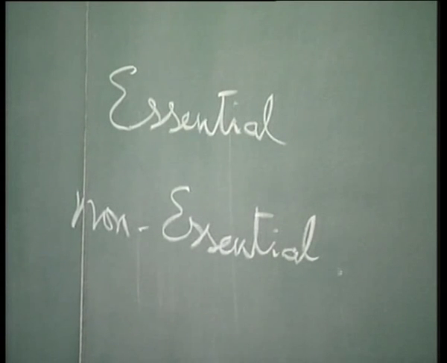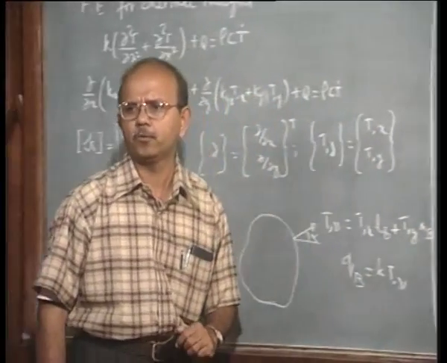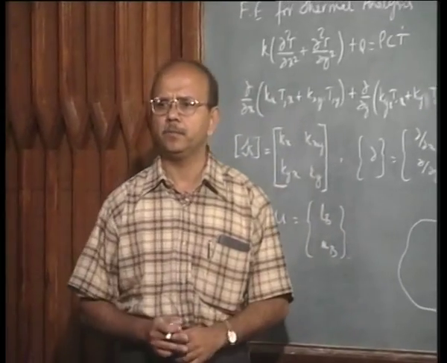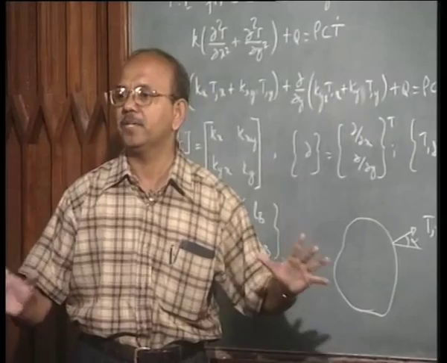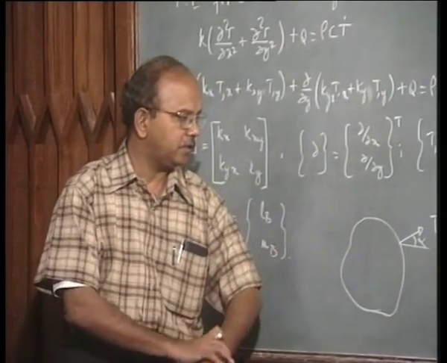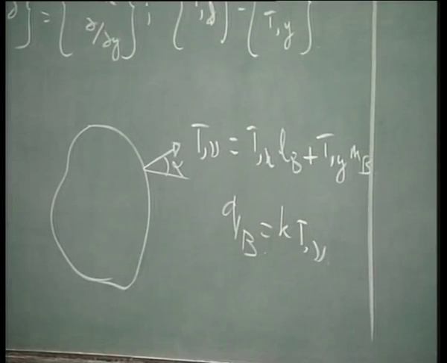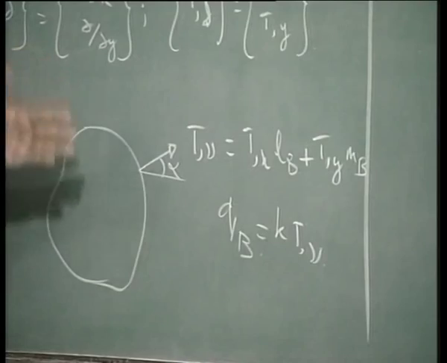Now, let me ask you a small question. Let's not worry about what is essential and what is non-essential. We will come to that in a minute. Just before we proceed there, let me keep you thinking a bit. Let me tell you that I have a body and that I am specifying the QB by this formula throughout the surface.